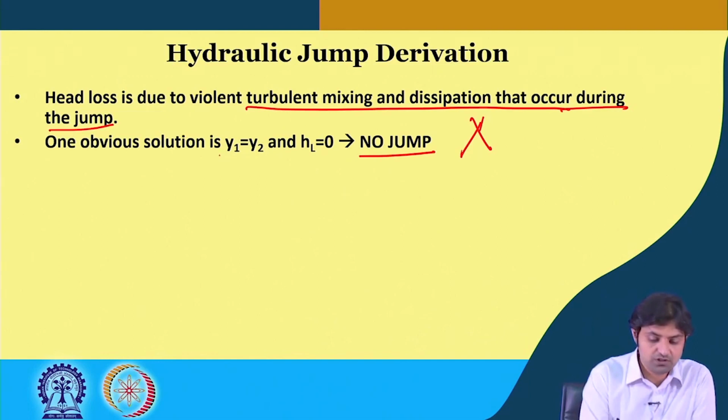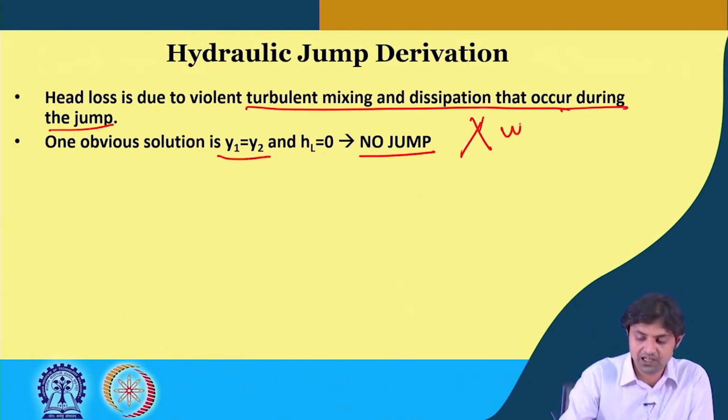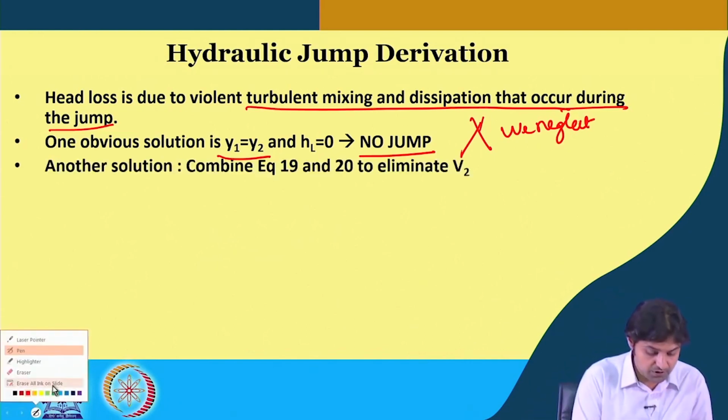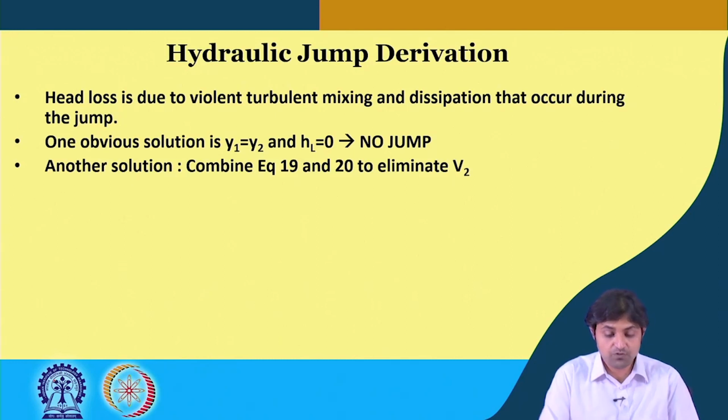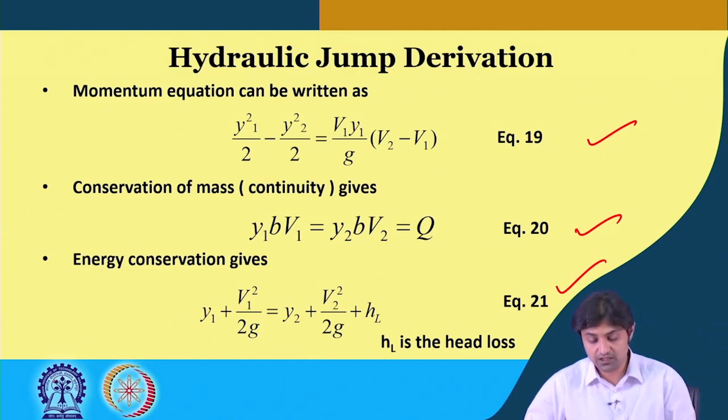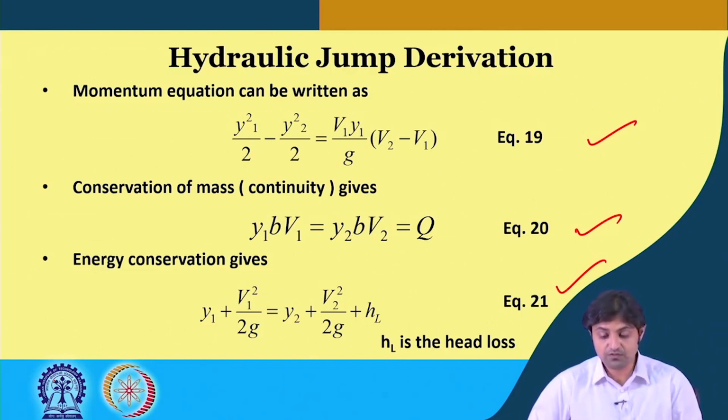So, one solution is Y1 equal to Y2, which we neglect. In a second case, another solution is, if we combine equations 19 and 20 to eliminate V2, you go back and see what equations 19 and 20 are, we can eliminate V2 and write everything in terms of V1.